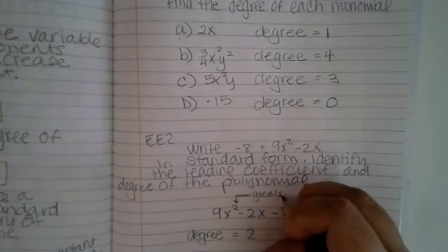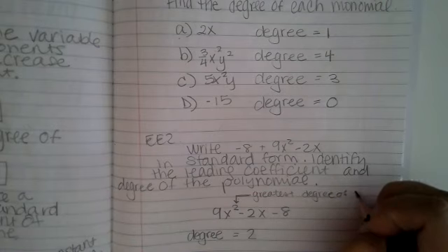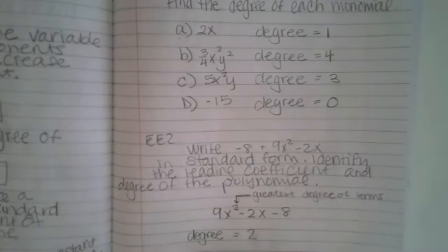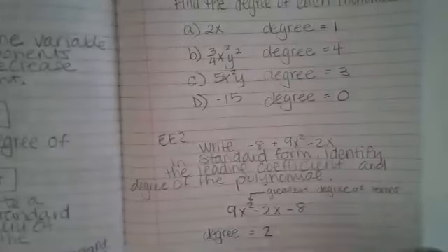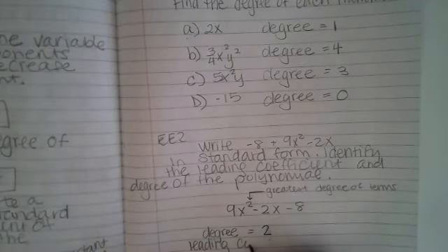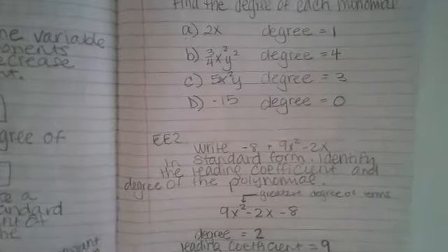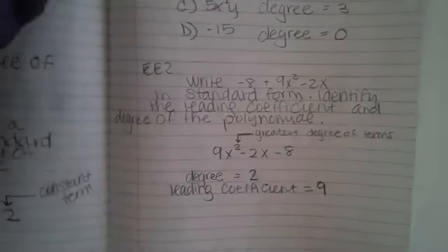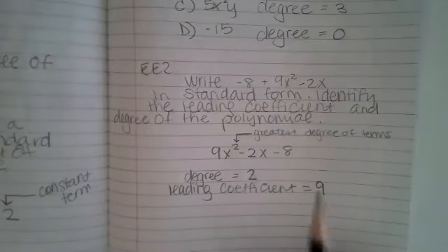So the degree of the polynomial is 2, and then the leading coefficient is 9, right? It's the coefficient that is starting off my polynomial.